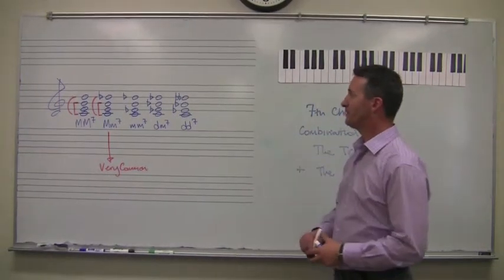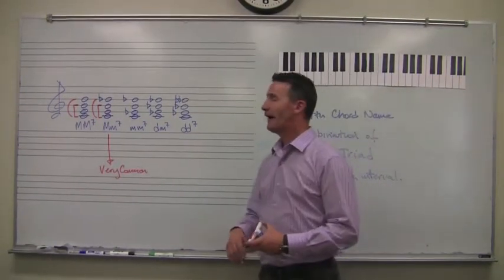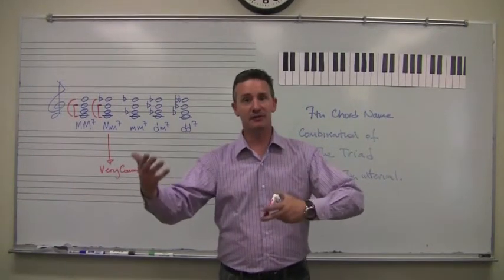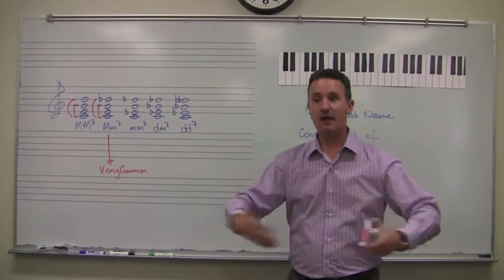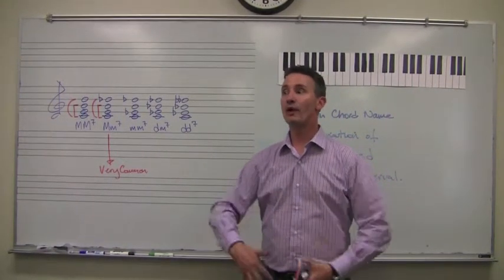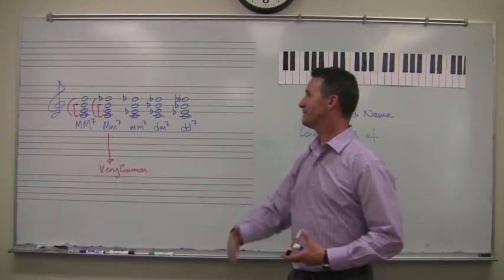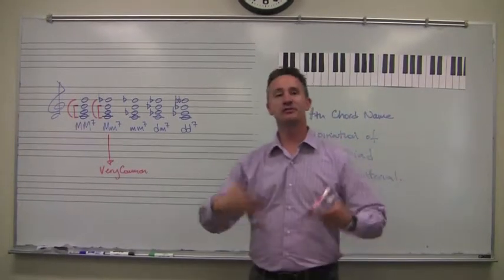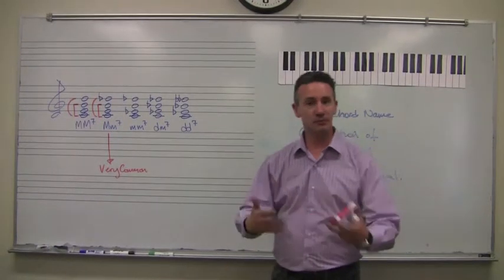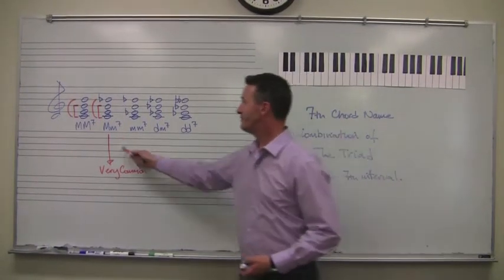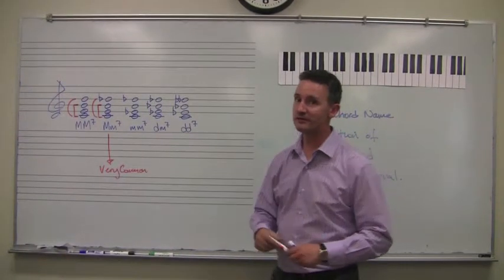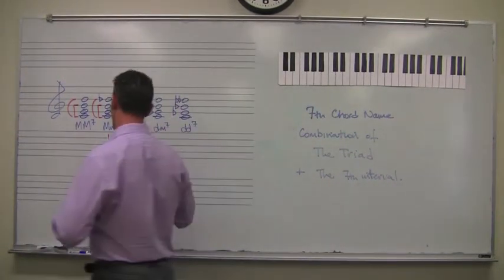When we start looking at chord sequences and how to build these chords inside of keys, where do you find major minor 7ths, where do you find major major 7ths, as we start looking at those parts of the way music is put together, you'll realize that this is a very common type of 7th chord, and there are certainly some good reasons for that. So we'll get to that, just bear it in mind.